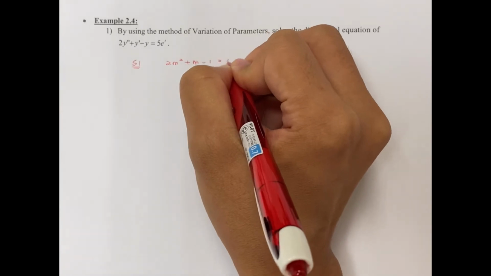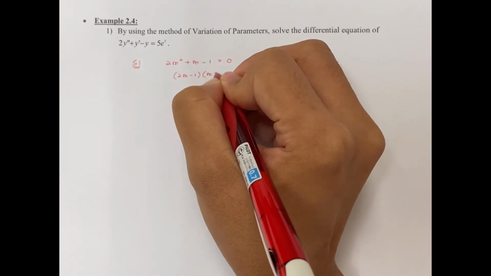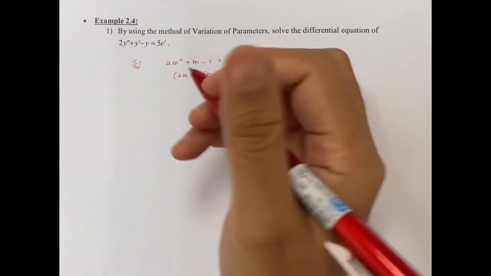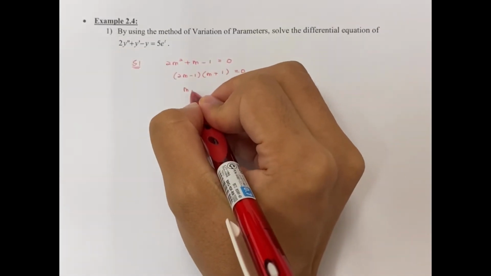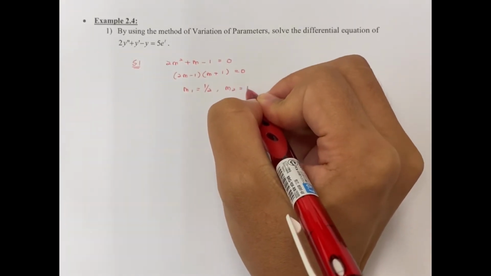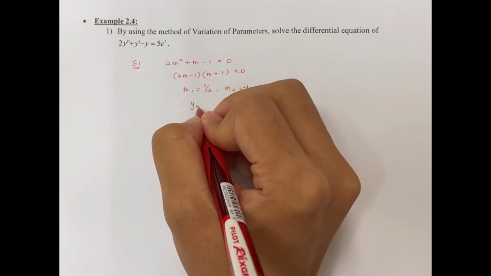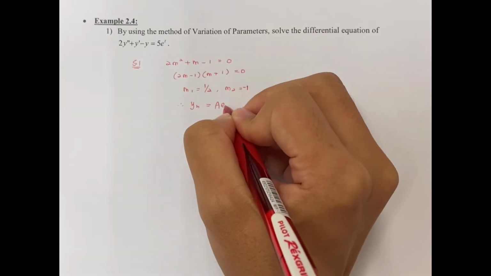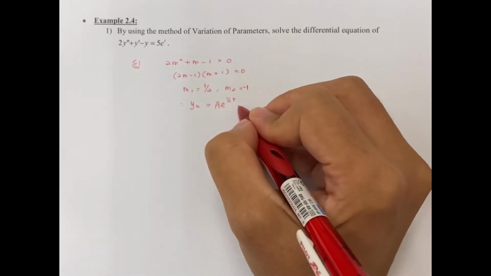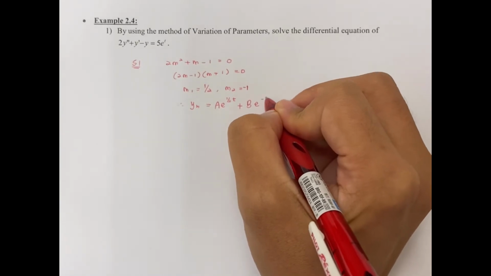2m squared plus m minus 1 equal to 0. And then you have (2m minus 1)(m plus 1) equal to 0. m1 equal to 1 over 2 and m2 equal to minus 1. Then find your yh. yh is equal to A e to the half t plus B e to the negative t.